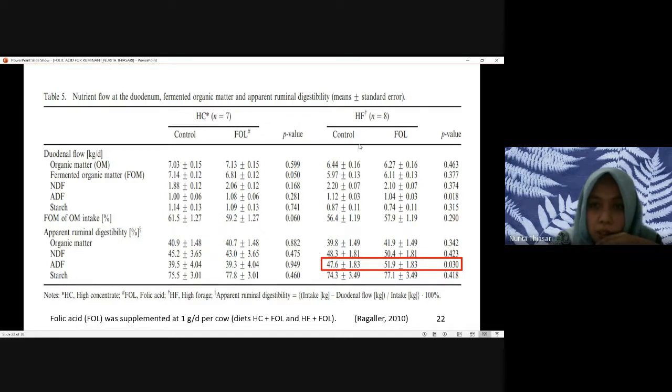For the high forage, if we compare control with the addition of folic acid, the acid detergent fiber was increased with the addition of folic acid.